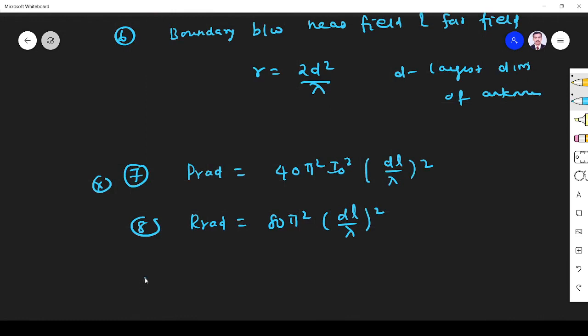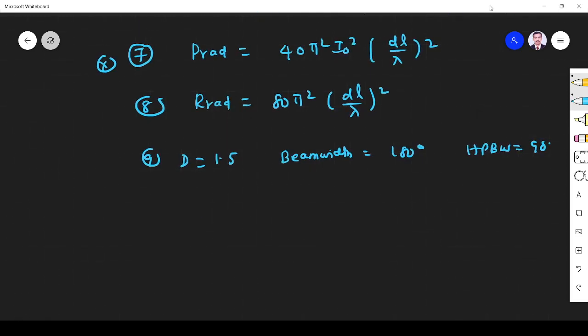For the Hertzian dipole antenna, directivity is 1.5, beamwidth 180 degree, half power beamwidth 90 degree. So these are all the things you must know about the Hertzian dipole antenna.